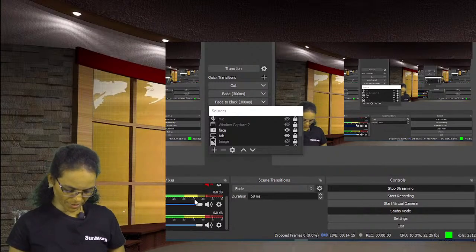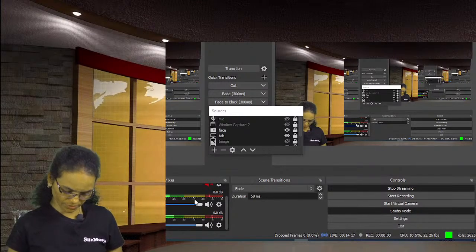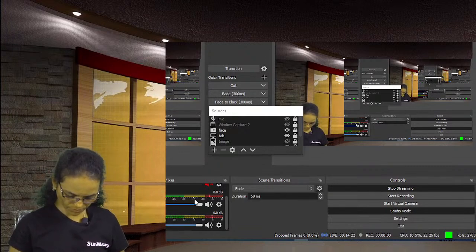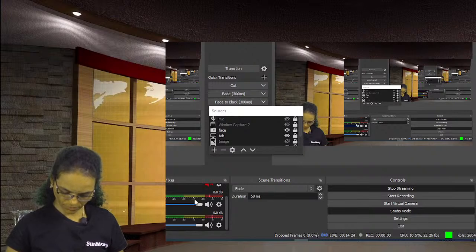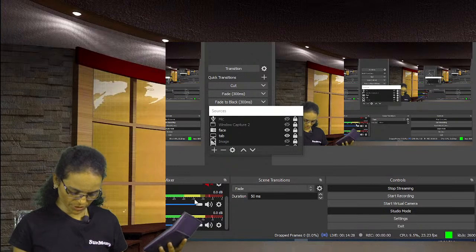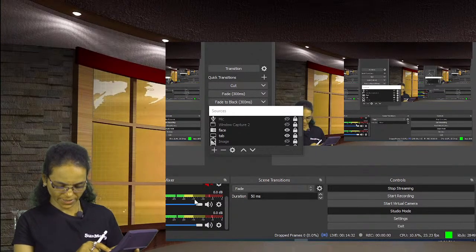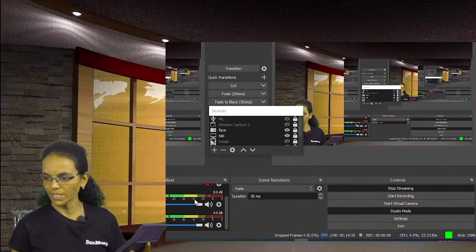Depreciation expenditure is 2,700. The total we have calculated is 180. 72 divided by 180 into 2,700 is 1,080.